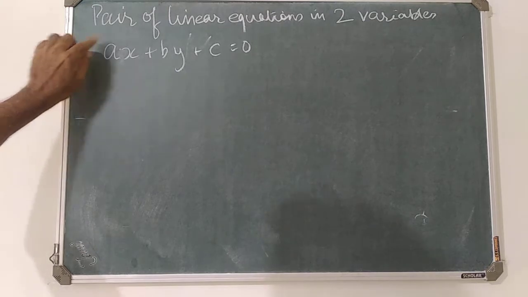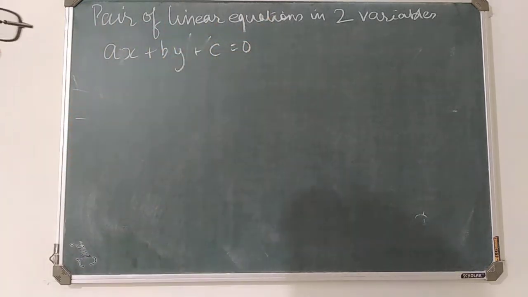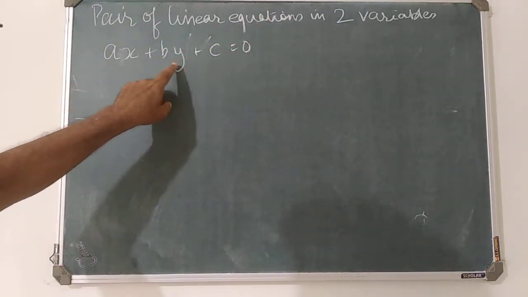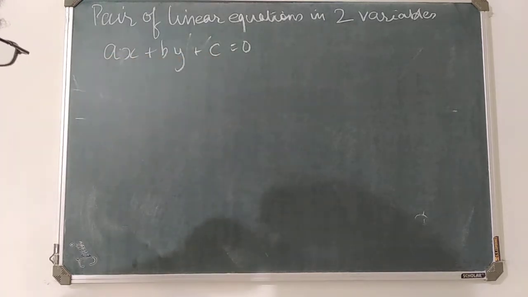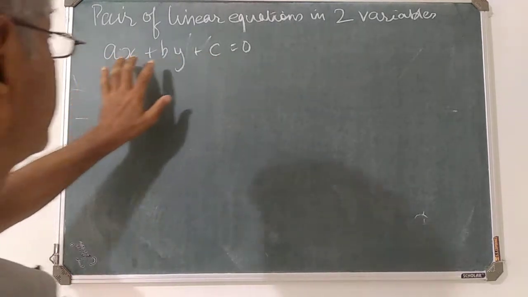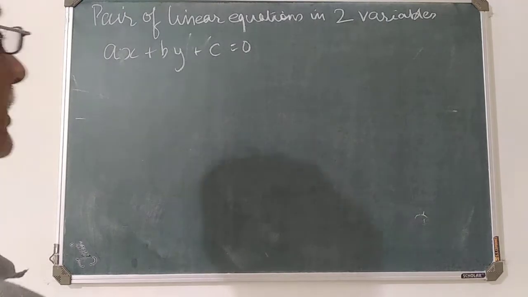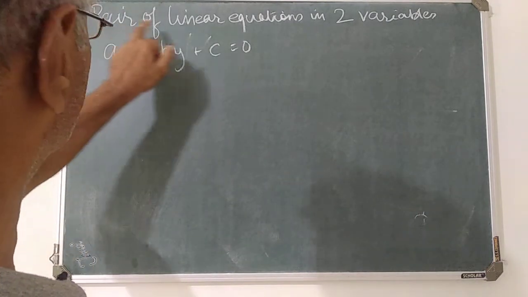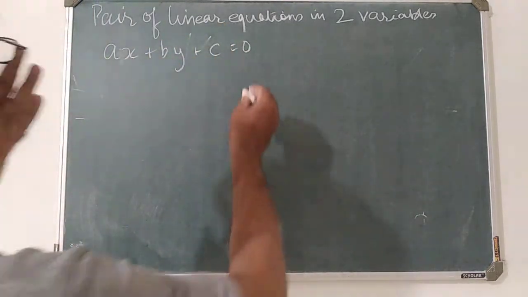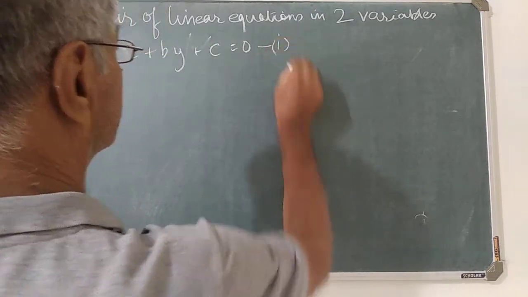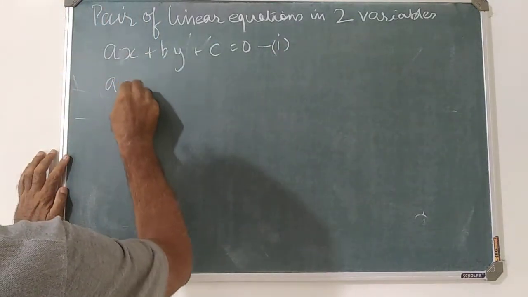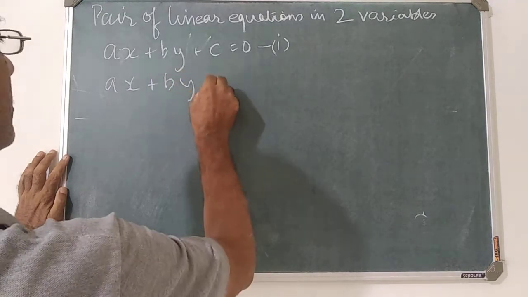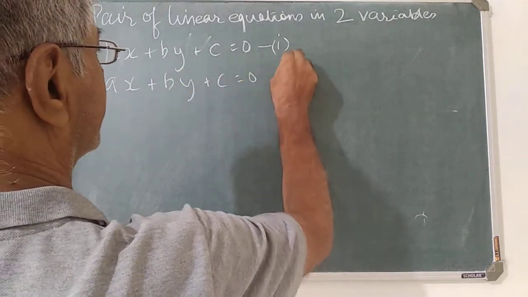We know that the standard form of a linear equation in two variables is ax plus by plus c is equal to 0. Suppose there is a pair of linear equations. This is equation 1, and we have another equation ax plus by plus c is equal to 0. This is the second equation.